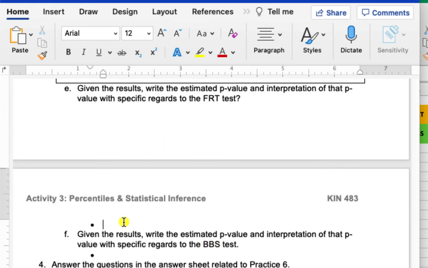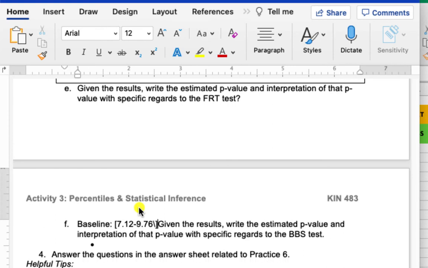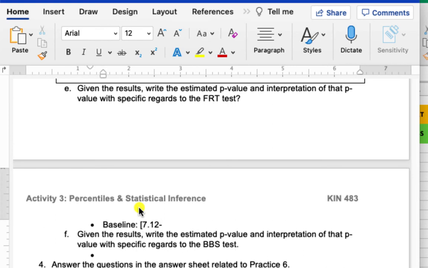So, we had noted that, I'm just going to type these in really quick, that our baseline interval was 7.12 to 9.76. And the 12-week interval was 11.65 to 13.13.